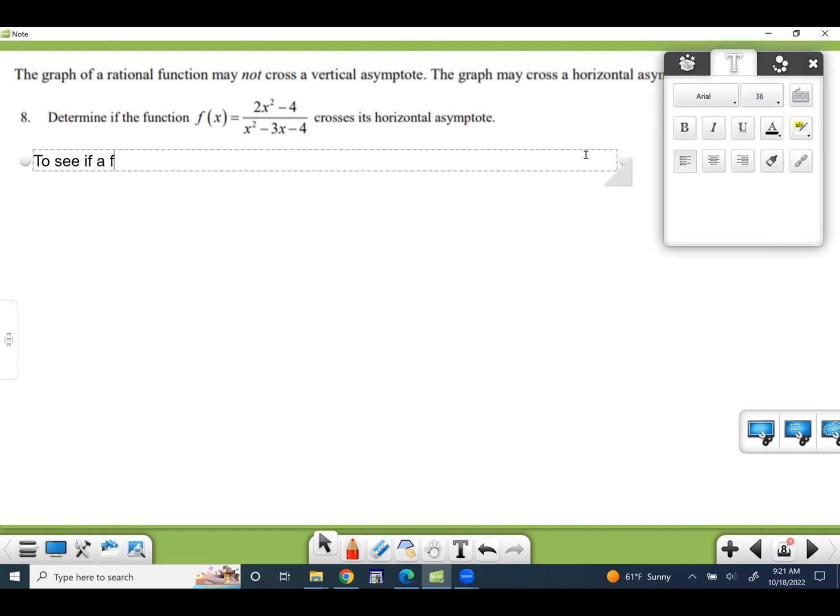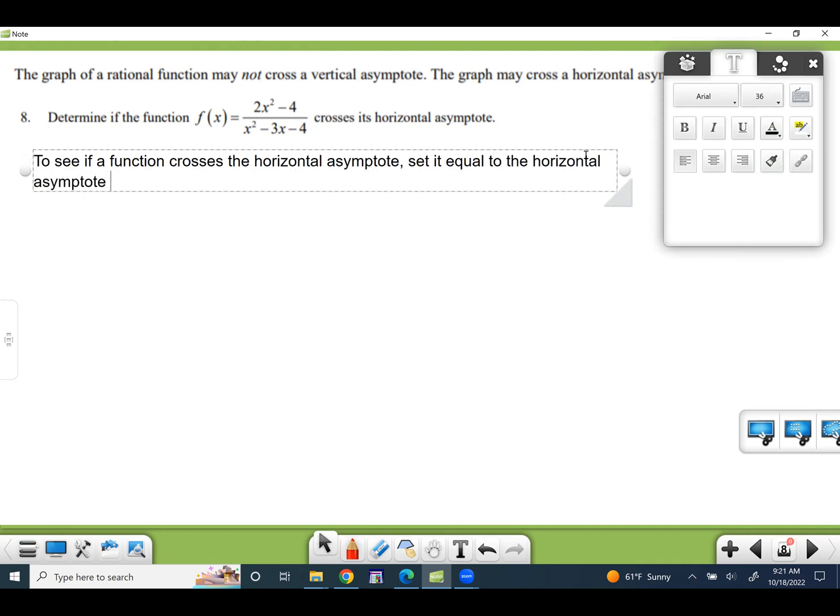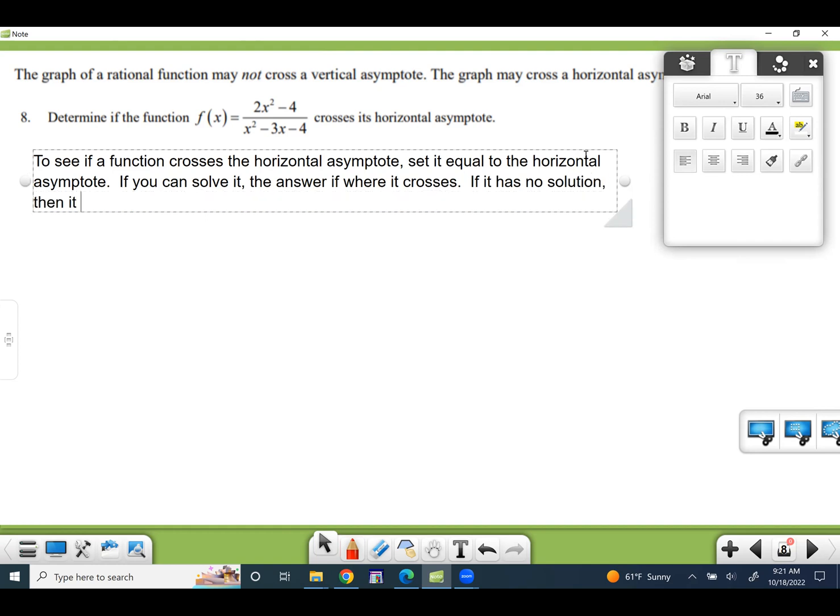If you can solve it, the answer is where it crosses. If it has no solution, then it doesn't cross the horizontal asymptote.